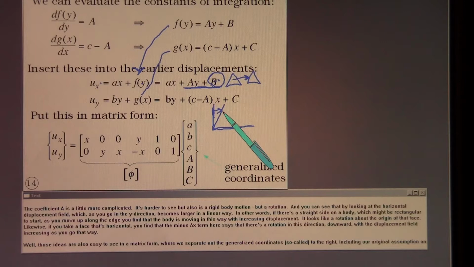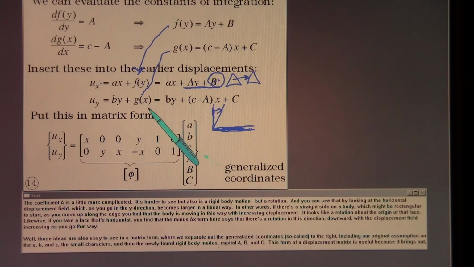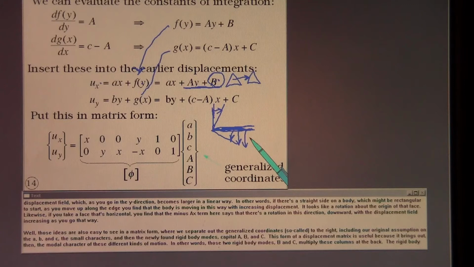It looks like a rotation about the origin of that face. Likewise, if you take a face that's horizontal, then you find that the minus Ax term here says that there's a rotation in this direction, downward, with the displacement field increasing as you go that way.